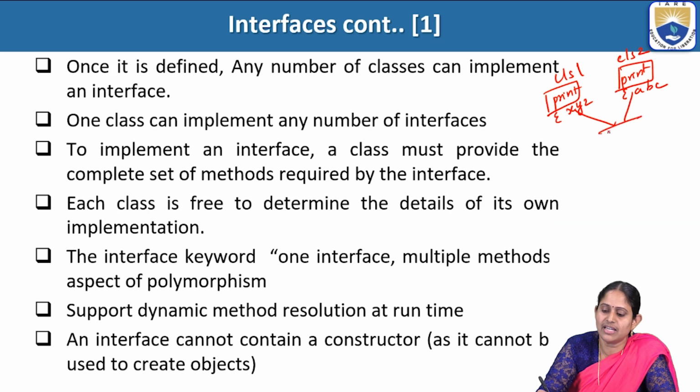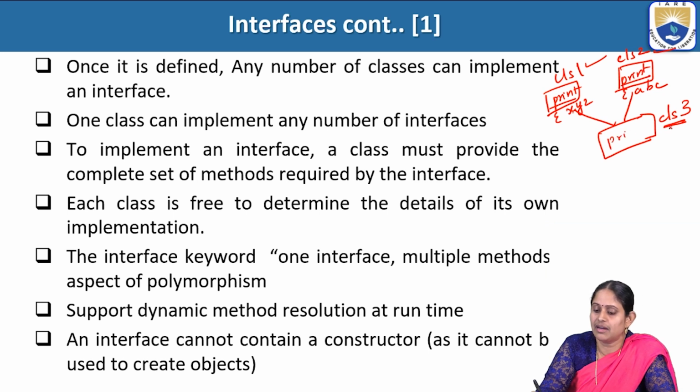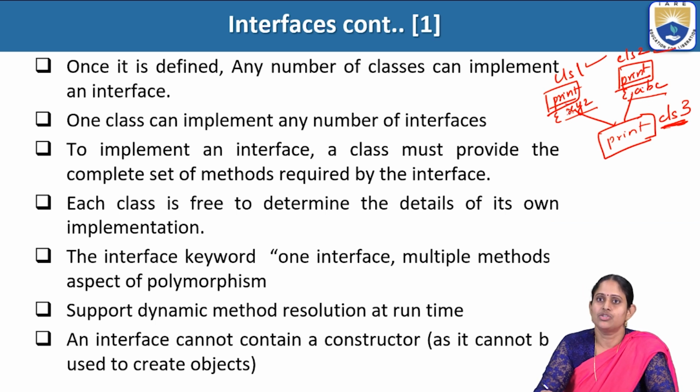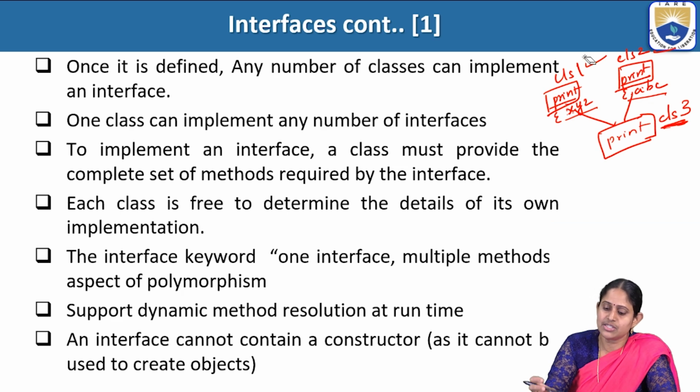Now let's say we have another class, class 3, which inherits these two classes. What happens? Class 3 will get both copies of the print method, and when an object of class 3 invokes the print method, there will be an ambiguity about which one to use. To prevent this ambiguity, they have created interfaces, wherein even though the two interfaces have the same method print, there won't be any implementation for this method.